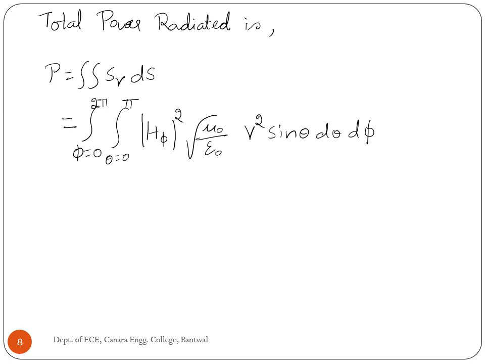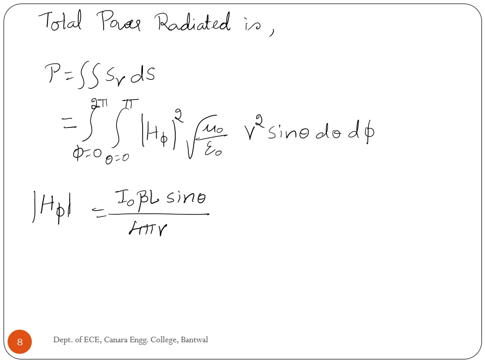The far field of the short dipole, H phi, is equal to I naught beta L sin theta divided by 4 pi r.